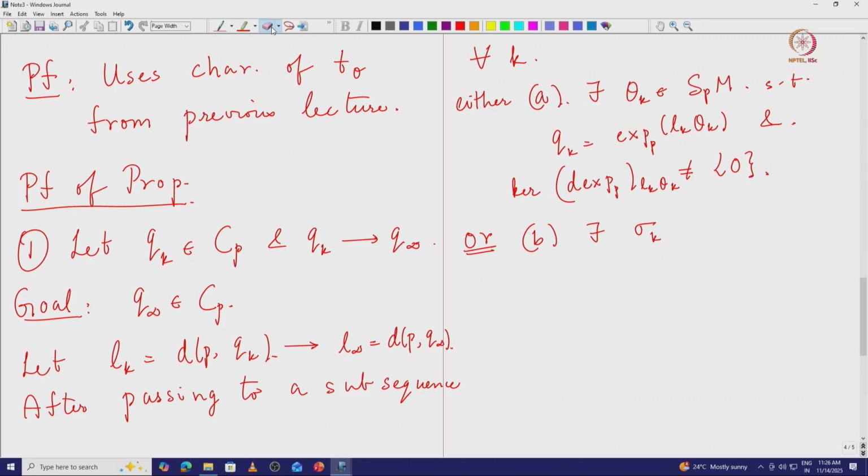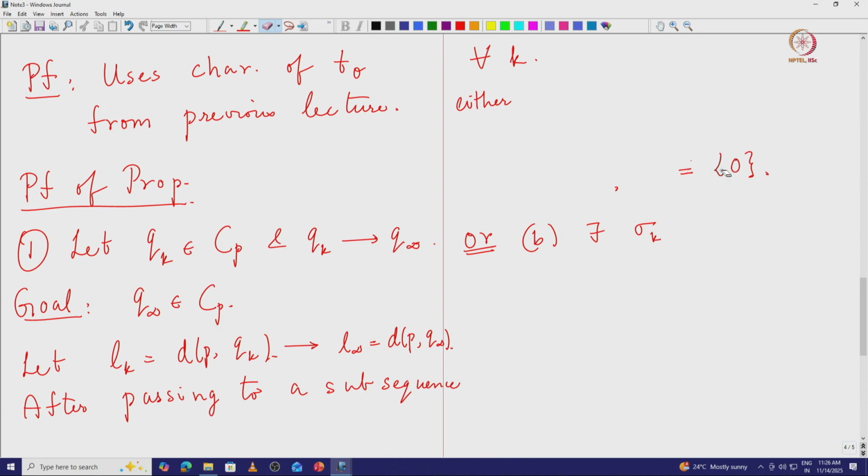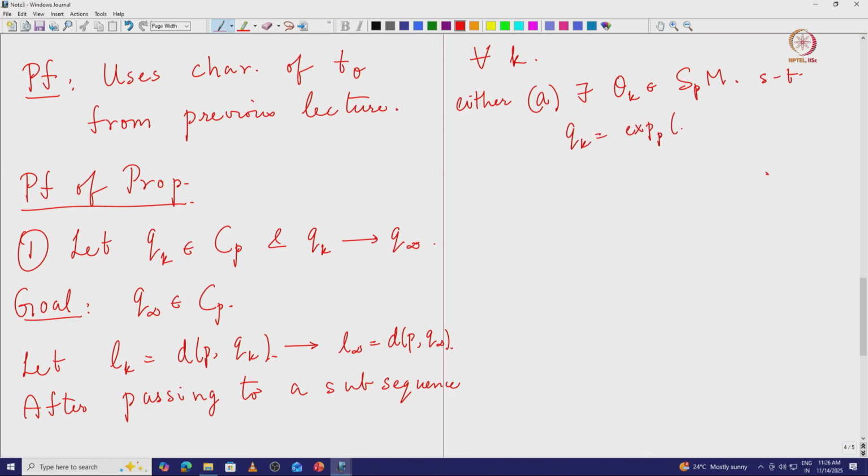Maybe let me rephrase this. There exists a theta k such that Qk is the exponential of Lk theta k, and the kernel of the derivative of the exponential map at Lk theta k is non-trivial.